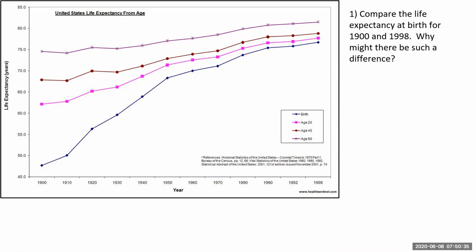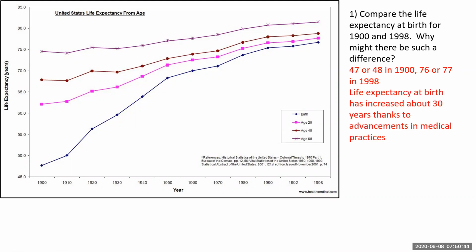Life expectancy is how long people live before they finally die. The difference is that life expectancy at birth has increased about 30 years thanks to advancement in medical practice. In the past, people died because of a lot of factors, like lack of medicine, and these days people no longer die at such an early stage.